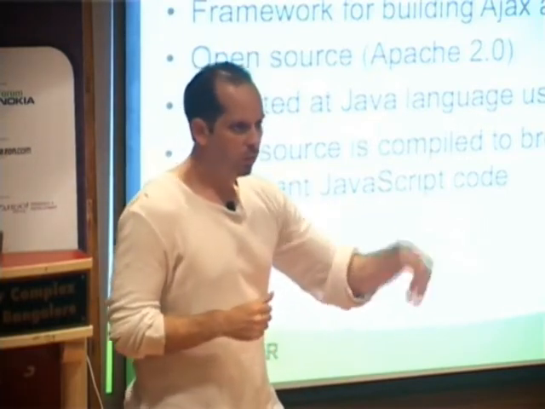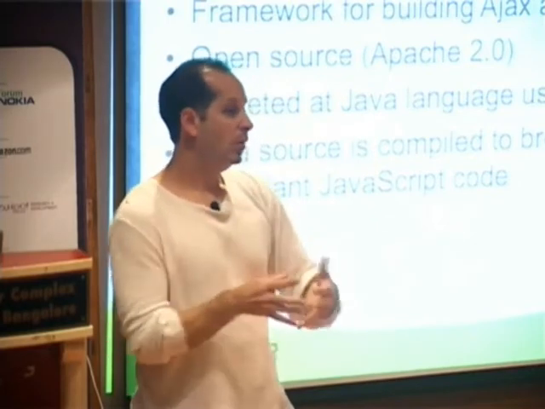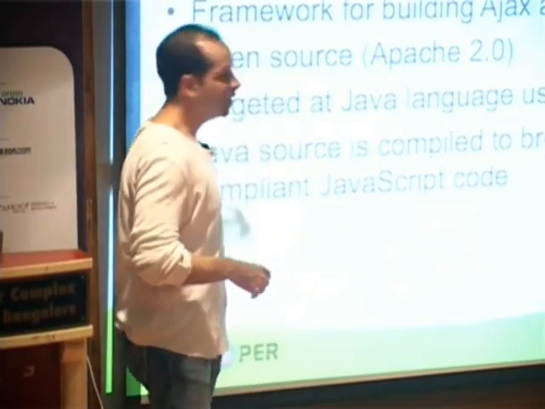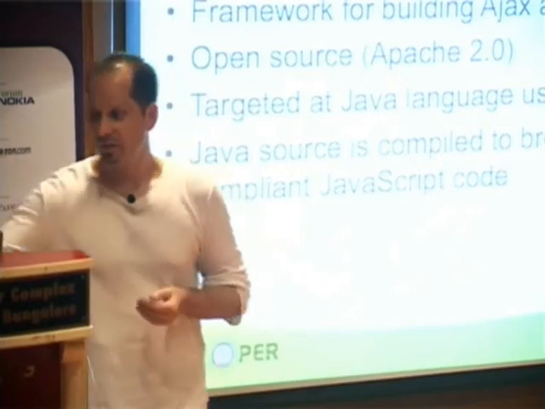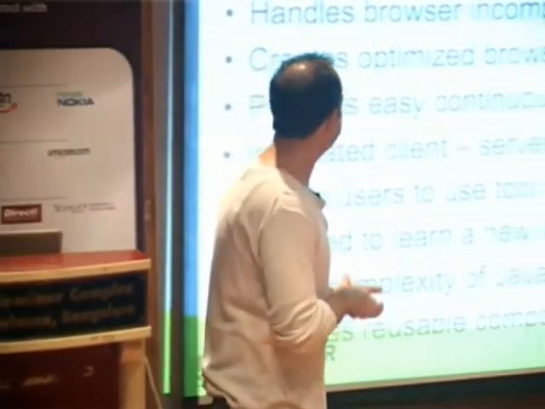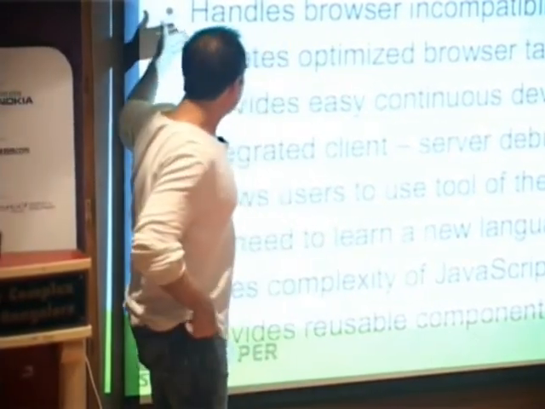So what the Google Web Toolkit does, you run this through a compile process, and it's got a way of generating browser neutral and very performant JavaScript. Very, very interesting to see what they've done. So the compiler is where they put a lot of their effort. They've got a big team behind them. So what else do they do? Why use it? They handle the browser compatibilities.